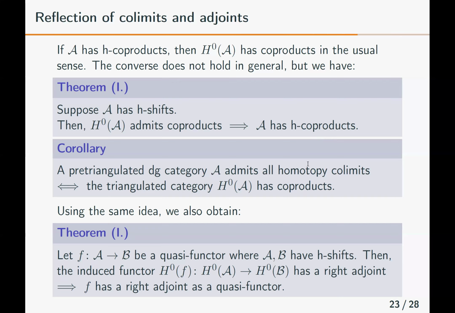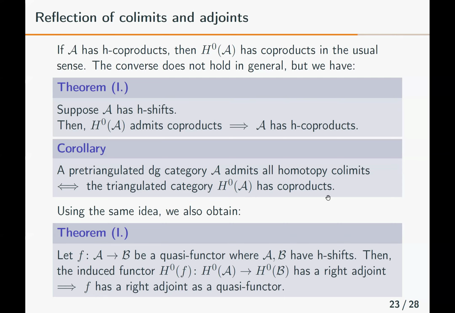So we conclude that a pre-triangulated DG category A admits all homotopy limits if and only if the associated triangulated category H0A has coproducts.